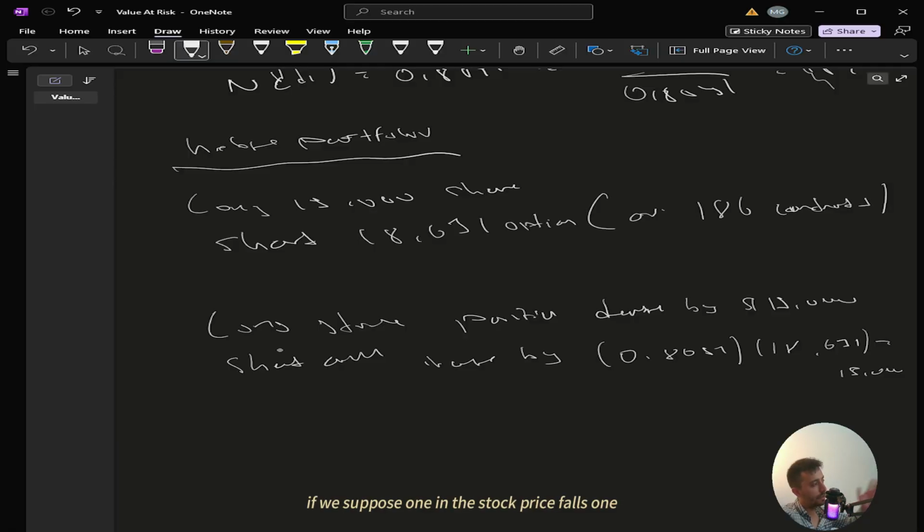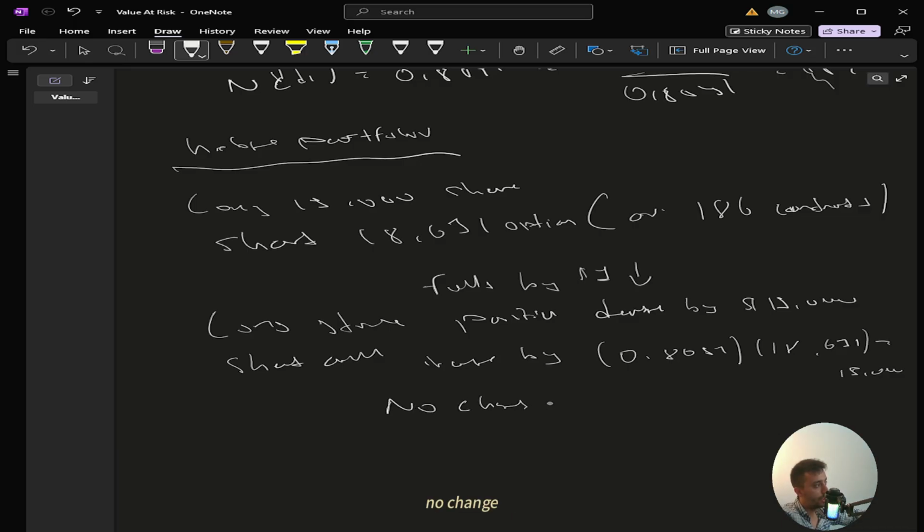If we suppose the vanilla stock price falls by $1, here we have a long position of 50,000, falls by $1, no change in portfolio. Okay, no change in portfolio because this is dynamic hedging already.